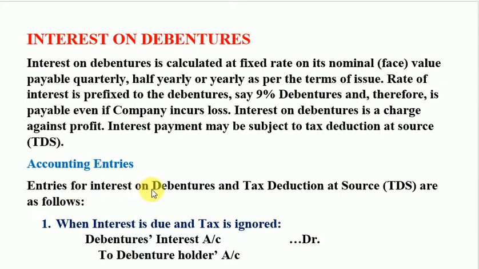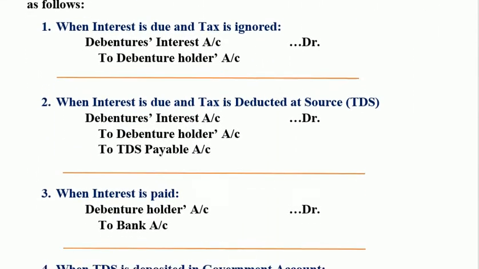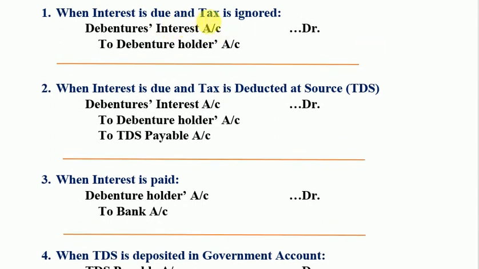Entries for interest on debentures and tax deduction at source are as follows. Point number 1 says when interest is due and tax is ignored. Here there are no taxes, so the journal entry will be debentures interest account debit to debenture holder account.